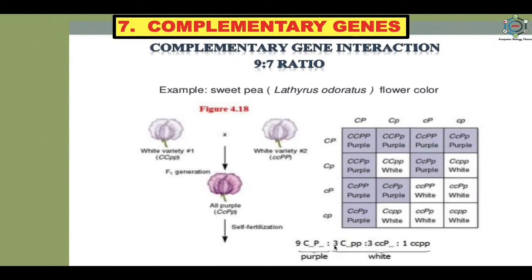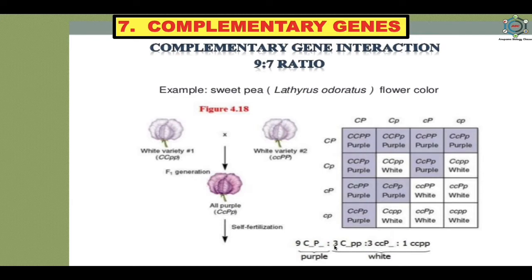Now, complementary genes. Here, in several varieties of white-flowered sweet pea, a cross between most of these varieties gives only white-flowered offspring, but a cross between particular white-flowered varieties produces plants with purple flowers.